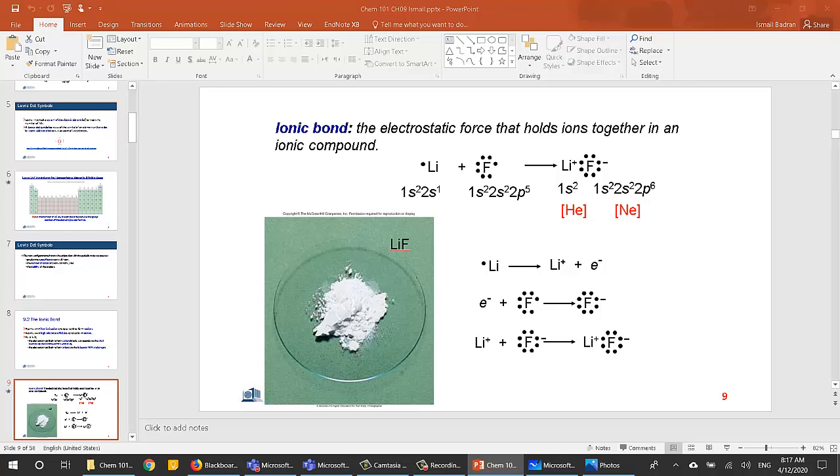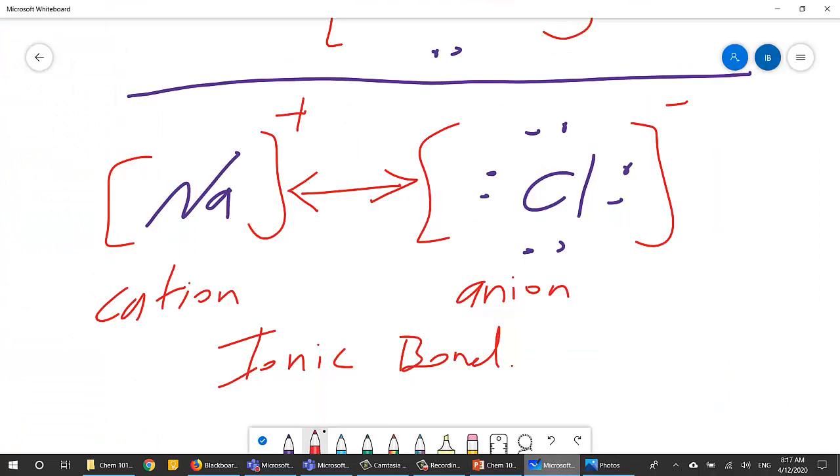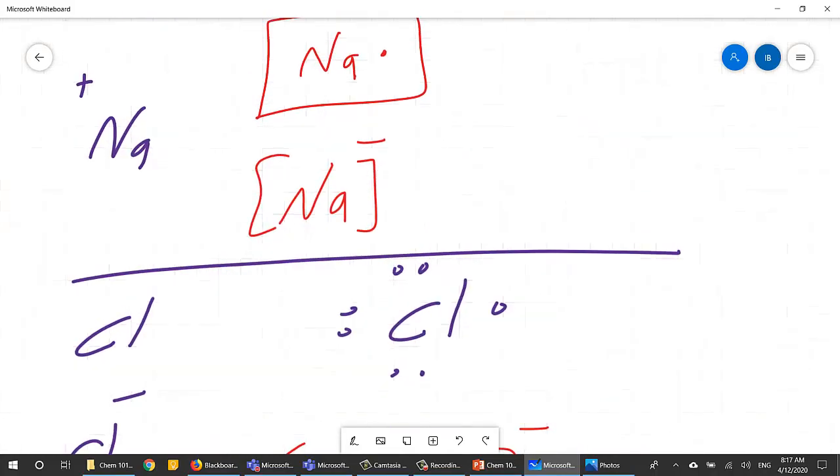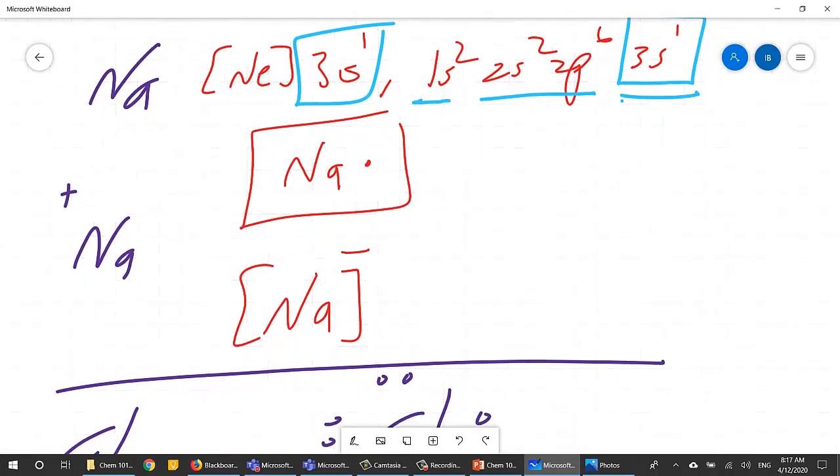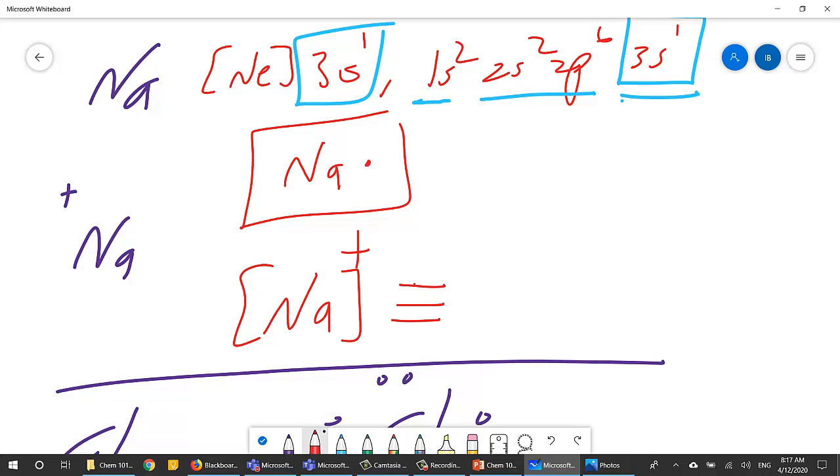So if we go back to our example here for sodium and chlorine, now when sodium lost that electron, okay, to become Na plus, this is isoelectronic now. This is plus, not minus. This is isoelectronic with what? This is isoelectronic with neon, okay?